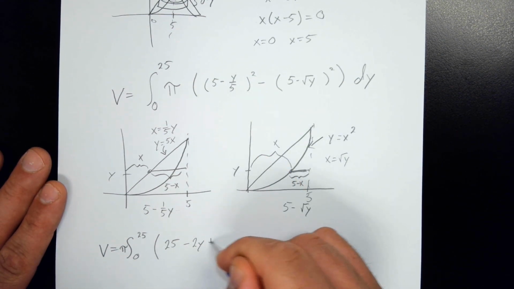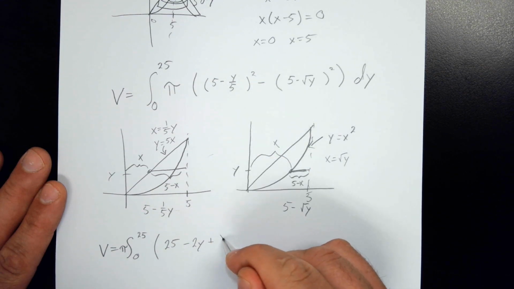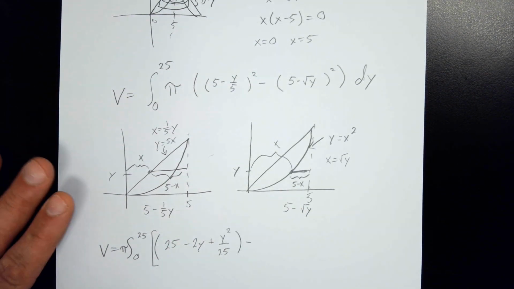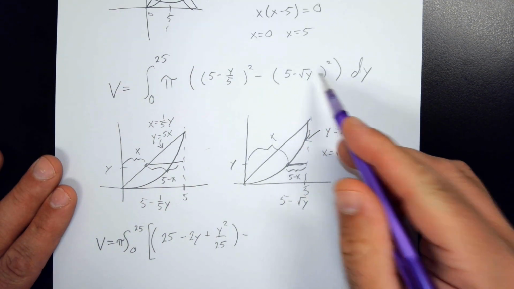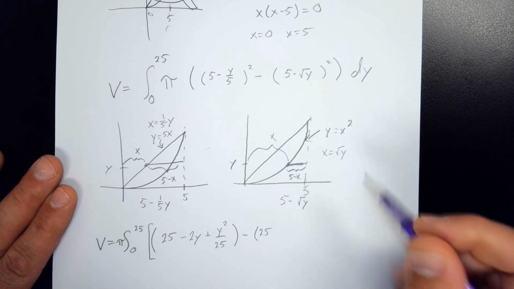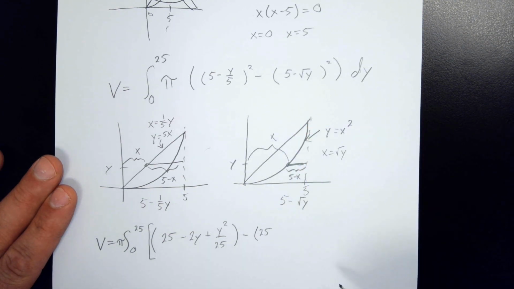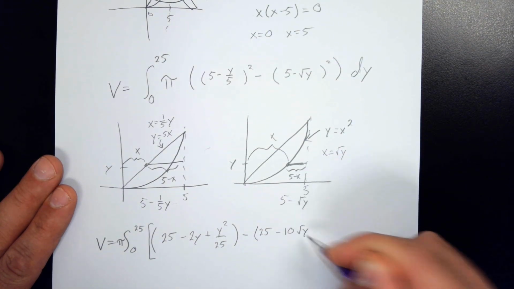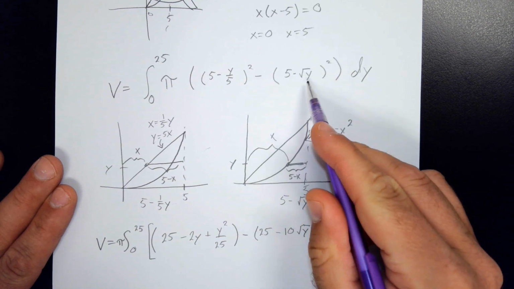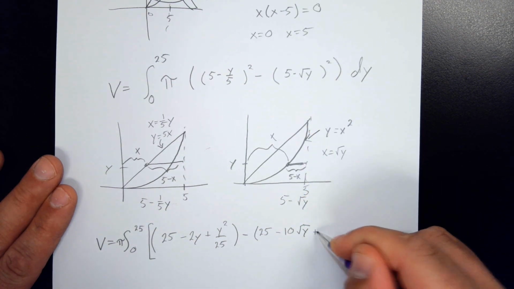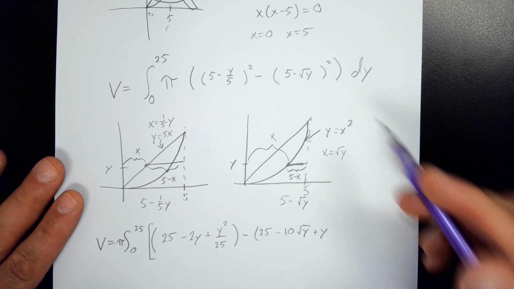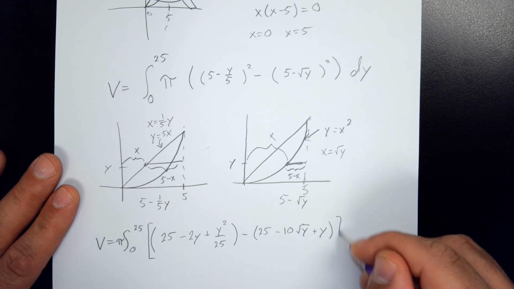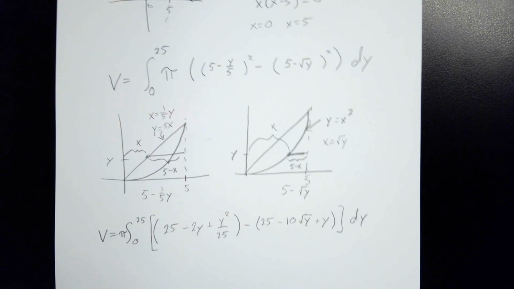And if I square this one, I'll have y squared over 25, minus, okay, let's look at this one. 5 squared is 25. 5 times negative square root of y is negative 5 square root of y, but I'll have 2 of them, so I'll have negative 10 square root of y. And then negative square root of y squared would just be y. I'm sorry, y to the 1 power. Square root of y squared is just y. And then I'm going to integrate that with respect to y.